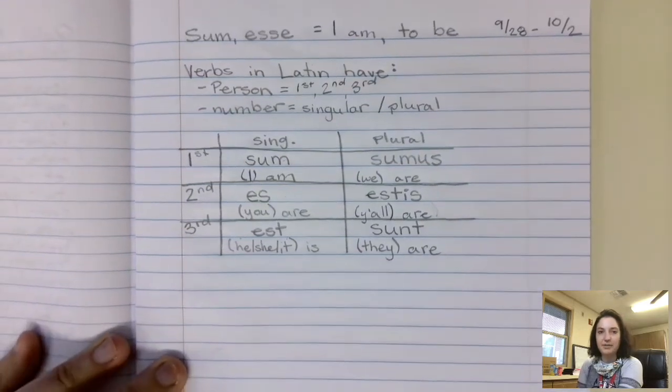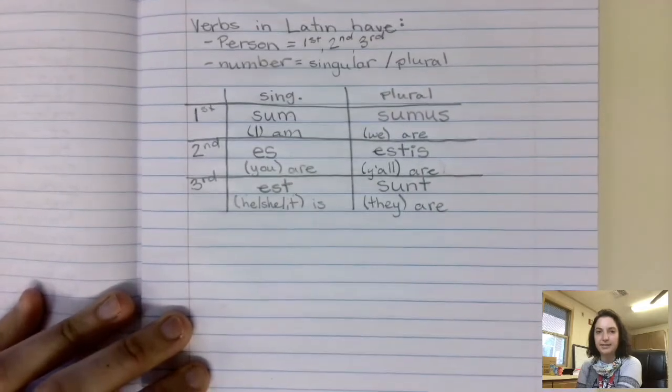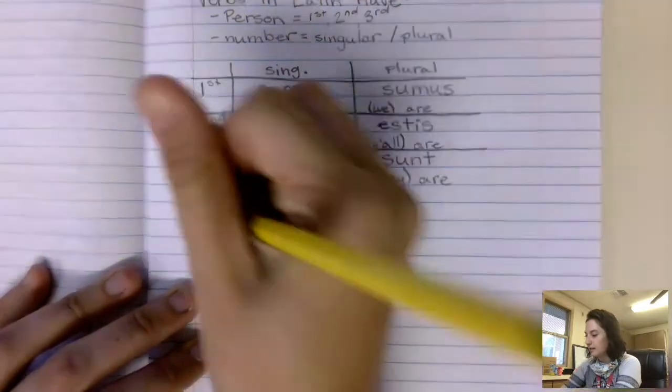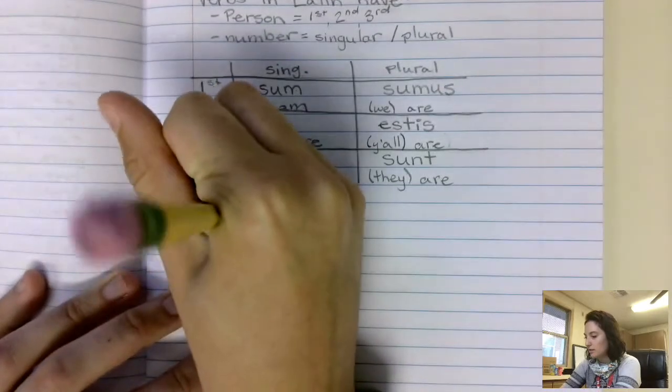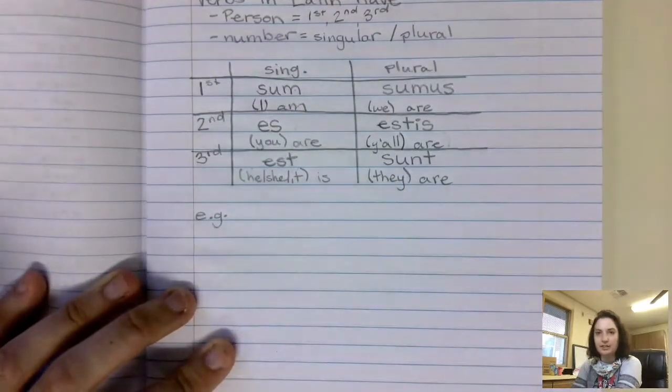Alright, now we're going to make a couple example sentences to show you how this works. I'm going to write e.g., that stands for exempli gratia, for the sake of an example.